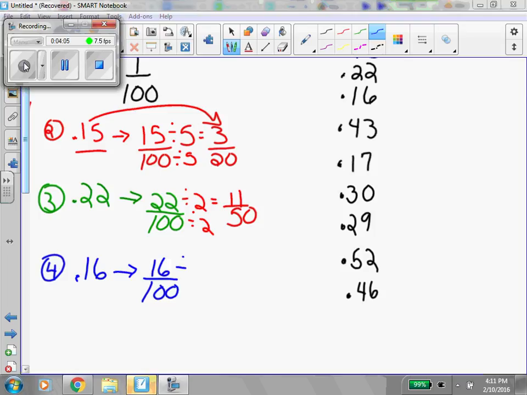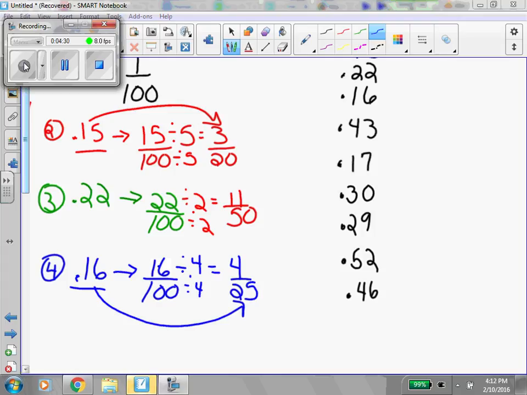So I need to think of my divisibility rules and what number can be divided into 16 and what number can be divided into 100. And the number 4 is the answer. So 16 divided by 4 is 4, and 100 divided by 4 is 25. So taking the decimal of 16/100ths, we can turn it into a fraction, which is the same as 4/25ths.